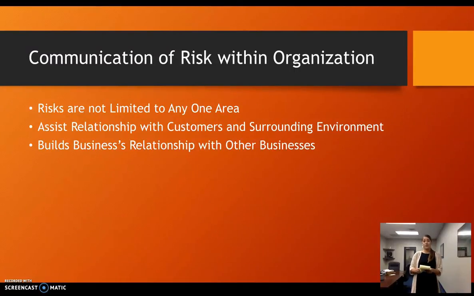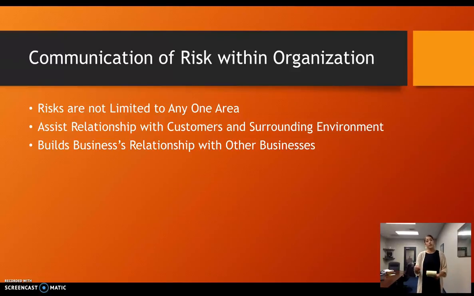Communication of risk with organizations. This is locally, and it comes from a wider region. So these risks can come from not only where the organization is located, but from risks that affect other organizations around the world. So if you establish a relationship with customers and the surrounding environment, this is building a relationship with another organization, because if you ever get into a crisis, other organizations will have your back, and the negative word of mouth can affect your organization.